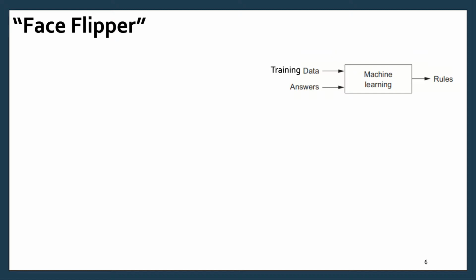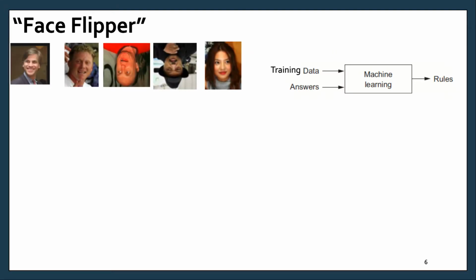So here's an example with the face flipper, where you have the training data and the answers as your input. Now you'll have a bunch of images with ups and downs. This is your training data, and these are your answers. You engineered them, meaning you just feed them the correct data.